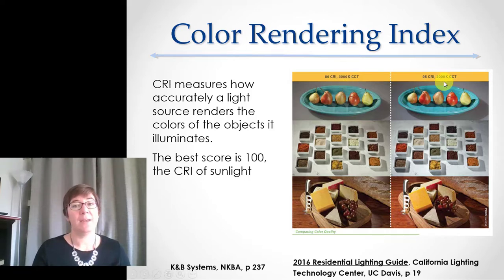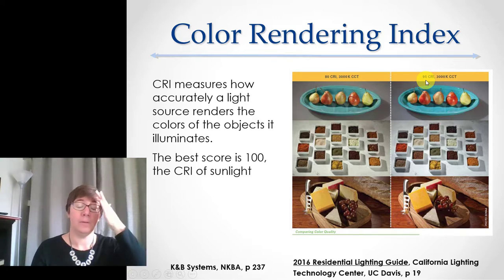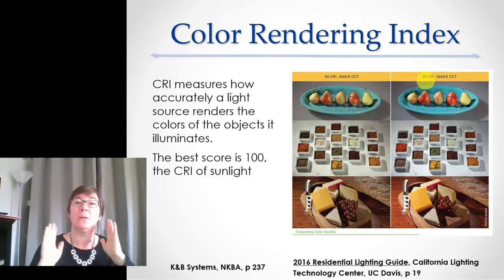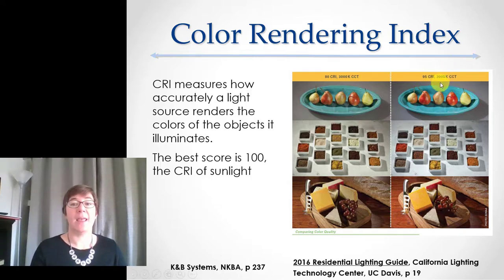Over here on the right, the scenes are illuminated with a light that has a color rendering index of 95, so it's a higher color rendering index, much closer to our gold standard of 100. Okay, and it has the same color temperature, so we're not changing the color temperature between these two sets of pictures. The temperature is the same, the color rendering index is different.